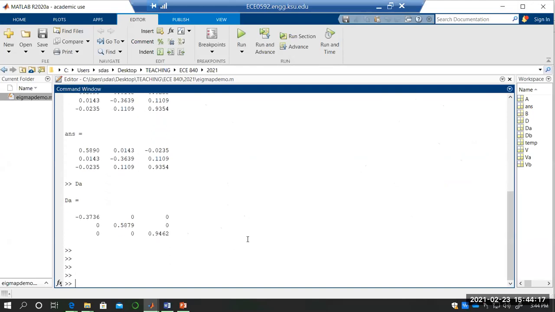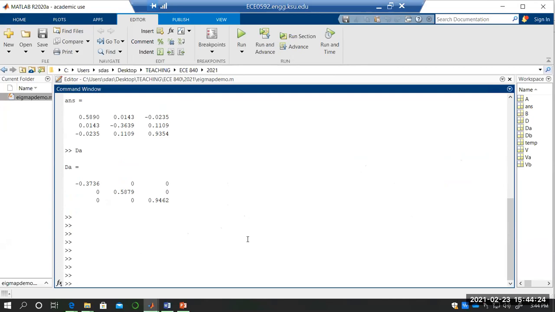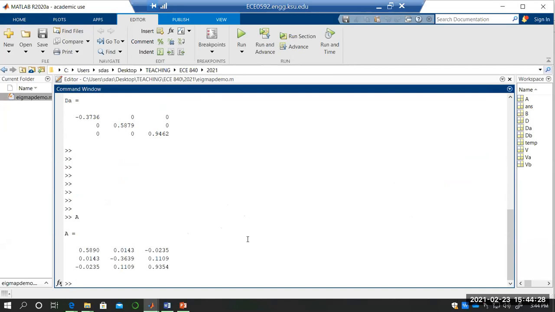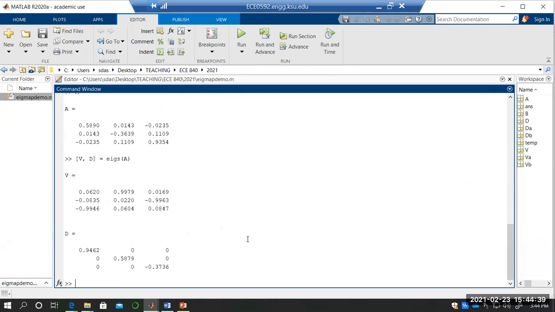And now let's take any x. So let me do it this way. This is A. Okay, let me use eigs. I think eigs would do it. Eigs A. Okay, it has arranged itself numerically. Yeah, this is what I want.